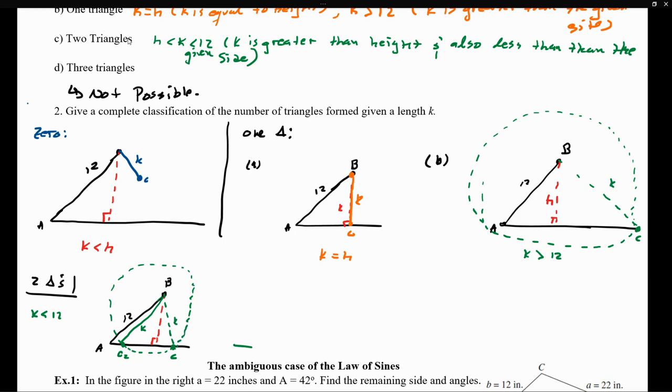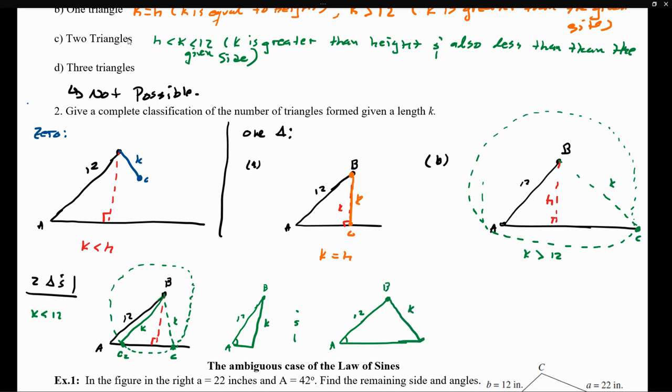One being very small, like this, where A is still 12 and the other side is still k. And also, we could have another bigger triangle, which still uses the same angle A, the same length of 12, and the same length of k.